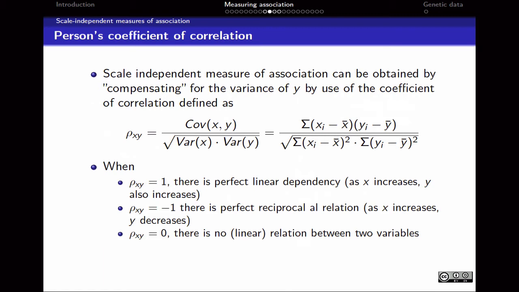As x increases, y also increases. When the coefficient of correlation is -1, there is a perfect correlation, but now reciprocal. So as x increases, y decreases. While when the coefficient of correlation is 0, there is no, at least linear, relation between these two variables.